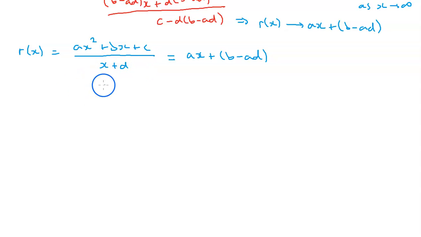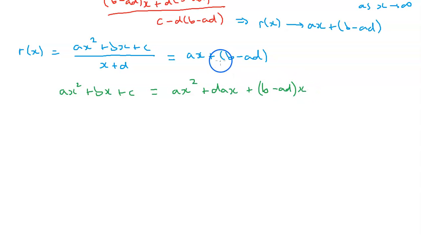Let's multiply both sides by x plus d. So we get ax squared plus bx plus c is equal to ax times x plus d. So that would be ax squared plus dax, and then it would be plus b minus ad times x, and then plus b minus ad times d.